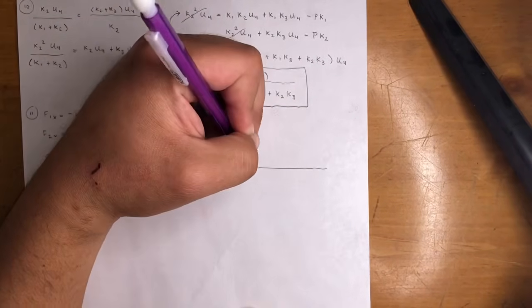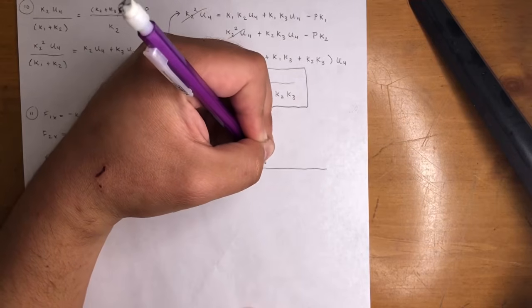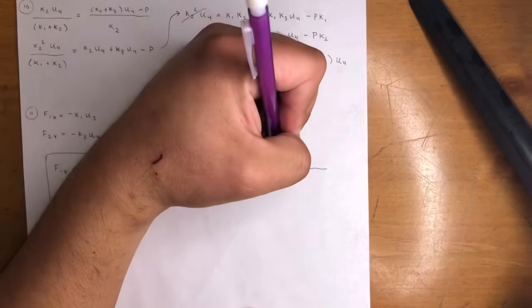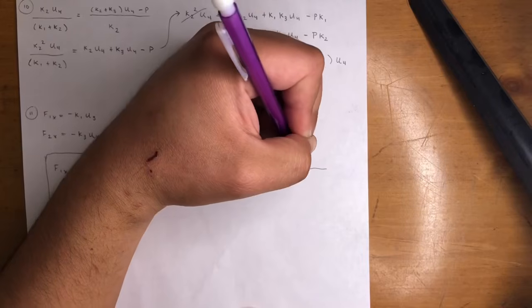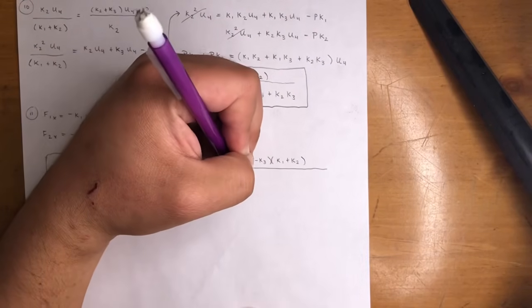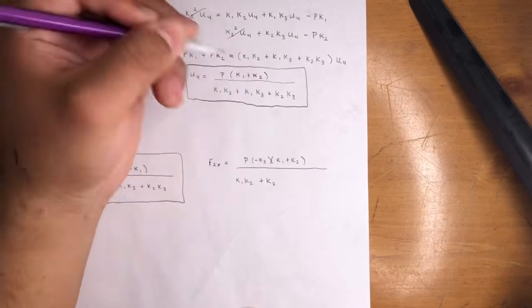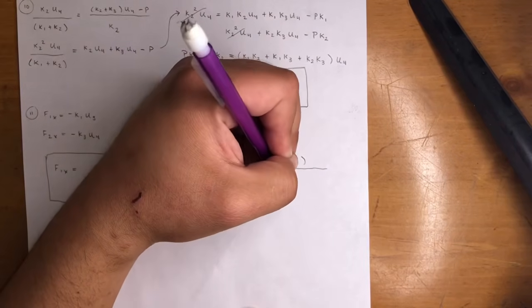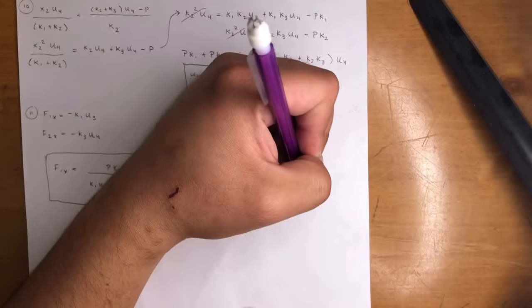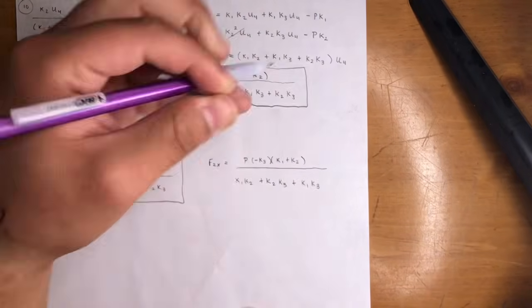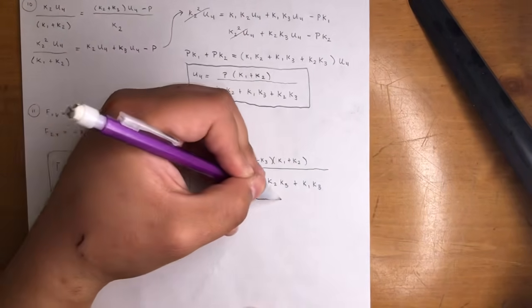So it's P negative k3 times k1 plus k2, over k1 k2 plus k2 k3 plus k1 k3. And that is the answer for F2.